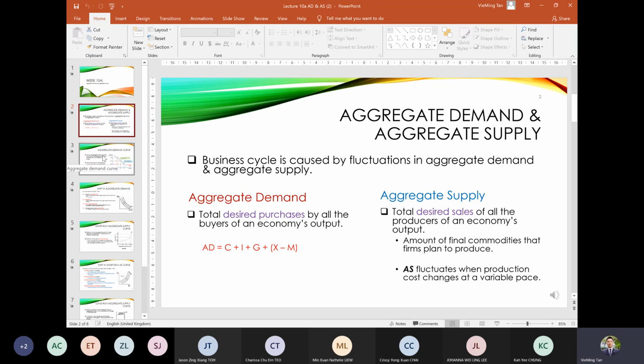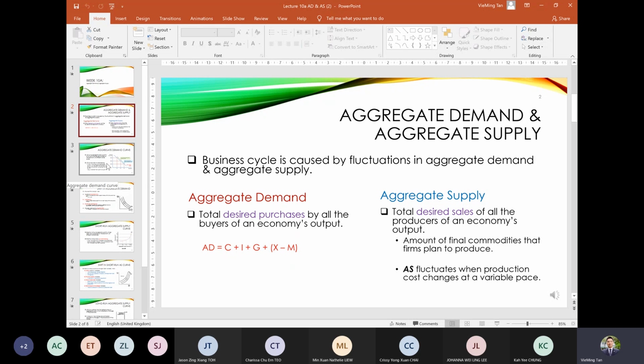As we know, aggregate demand refers to the total value of products or services that are desired to be purchased by the economy. So who are they? It can be the individual households, the private firms, the government, and the foreigners who purchase products from the local economy.